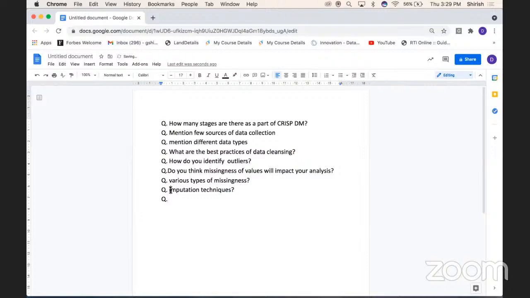Once the data set is given to you, do you check: do I have to do imputation? Do I have to do discretization? Should I do dummy variable creation? Shall I even do typecasting? Not required every time, because for different types of data sets, one or another pre-processing is required.